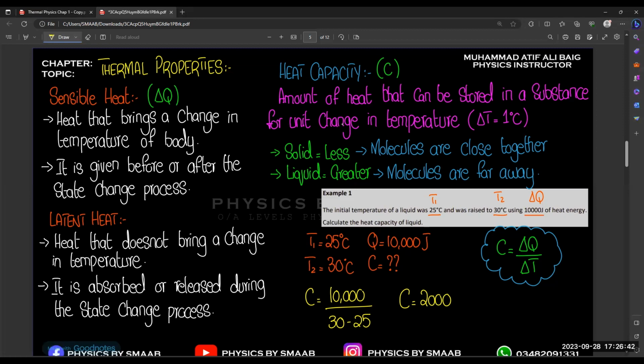So your SI unit will be joules per degree Celsius, right? So this is the very basic concept related to some types of heat.